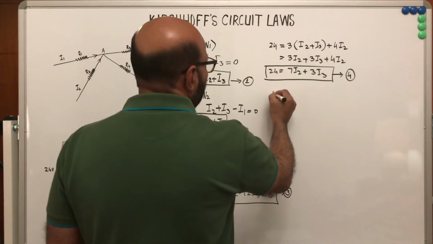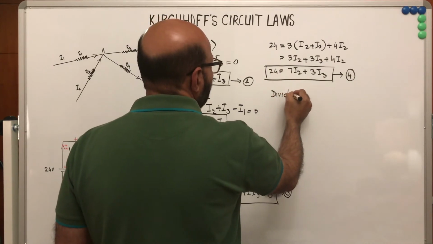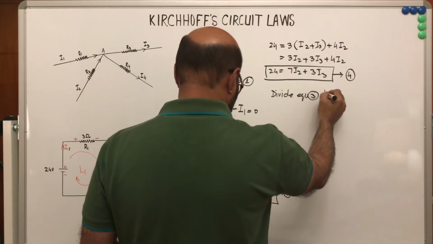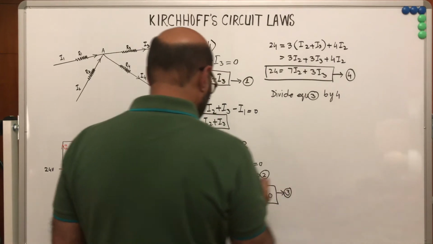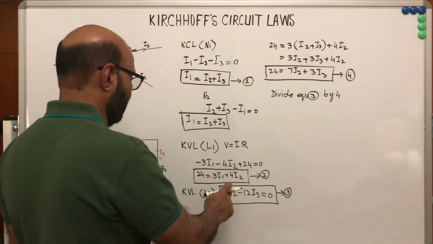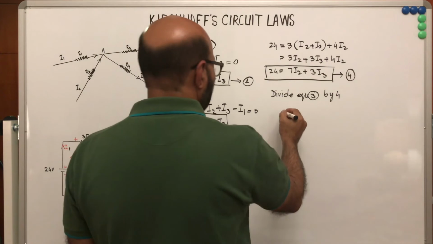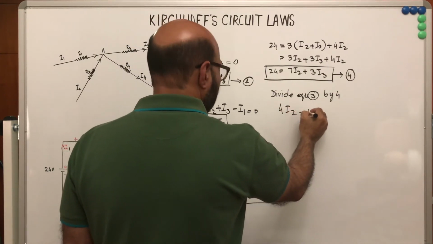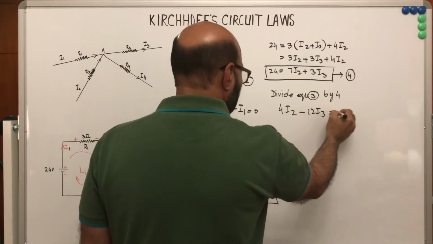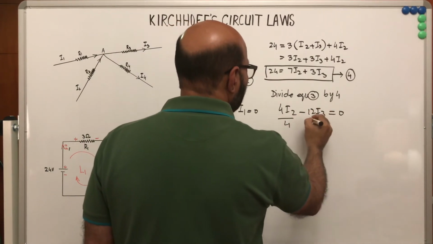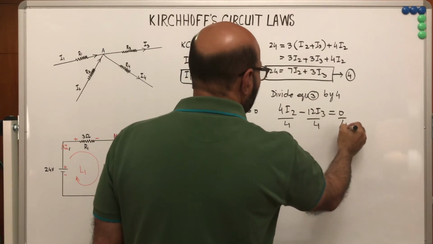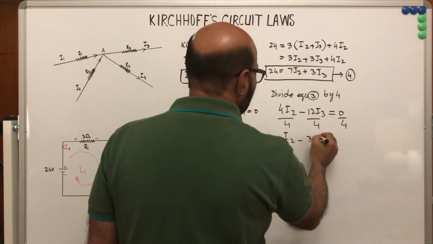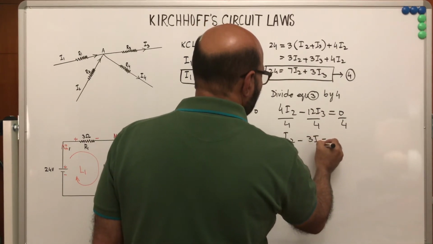Let's divide equation 3 by 4 so that we can eliminate either I2 or I3. 4I2 minus 12I3 equal to 0, divided by 4, is equal to I2 minus 3I3 is equal to 0.